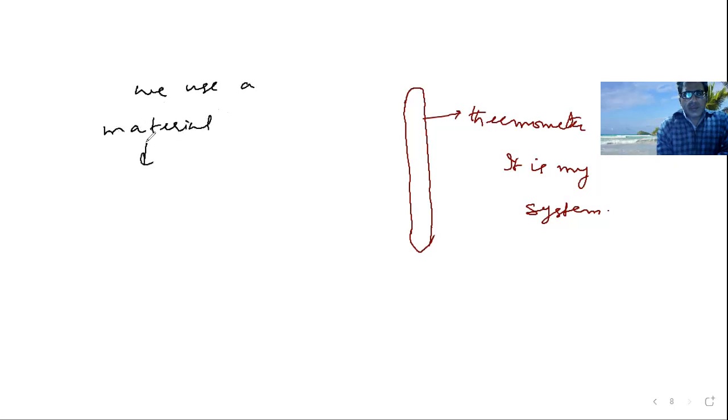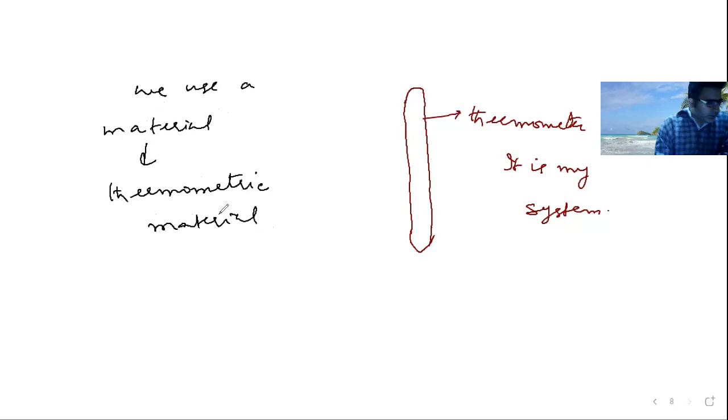We call that thermometric material. Thermometric material or thermometric substance means some substance which has some property which is a function of the temperature of the substance.